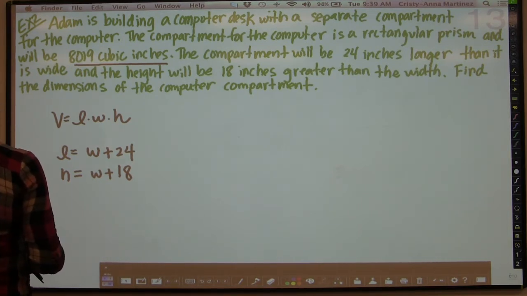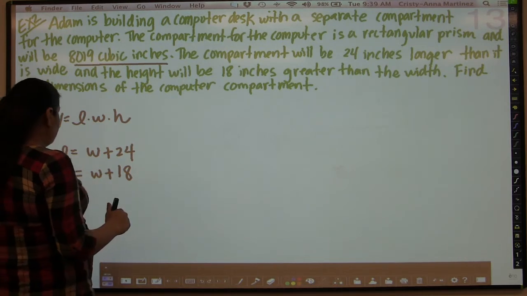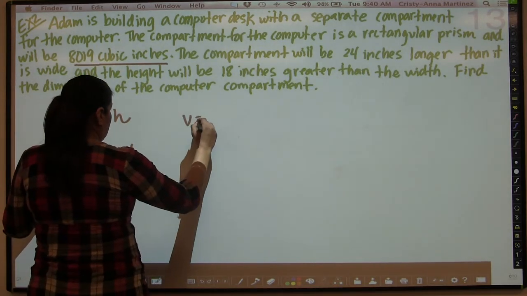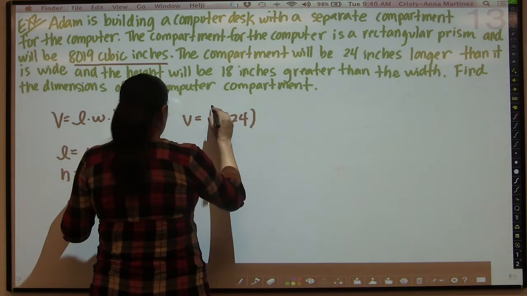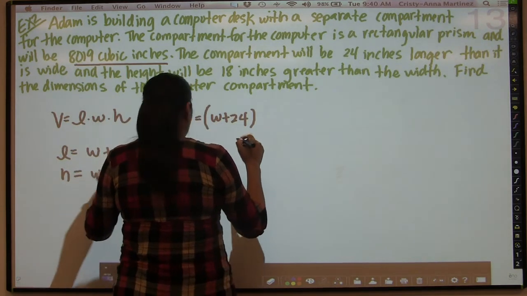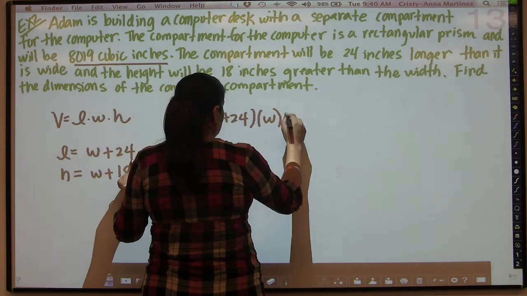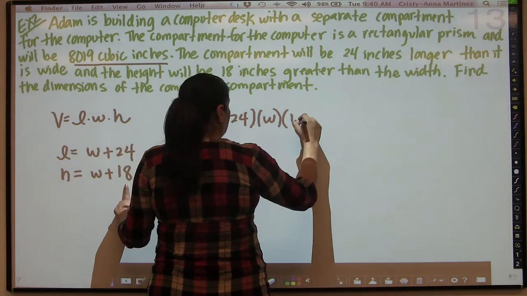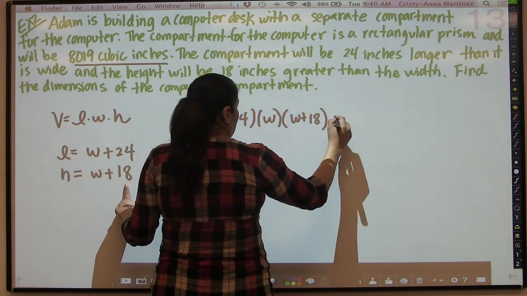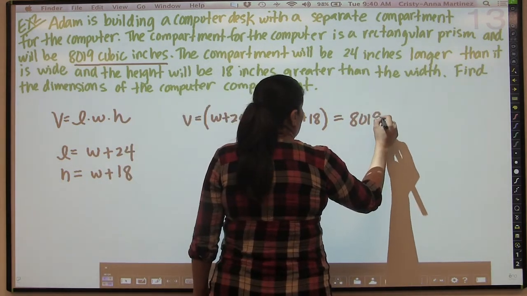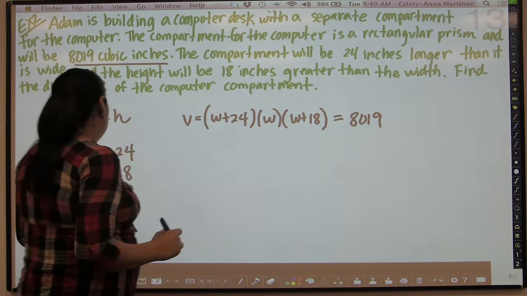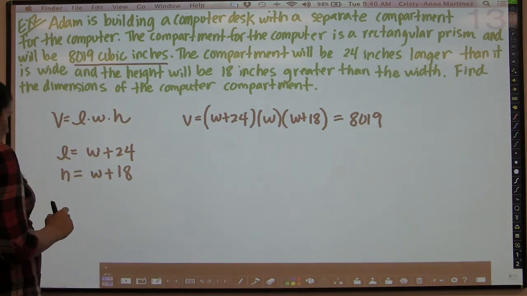So volume is going to equal W plus 24, which is the length. The width we're just going to call W, and the height is W plus 18. And all that is supposed to equal 8019. And it wants us to find the dimensions of the computer compartment.